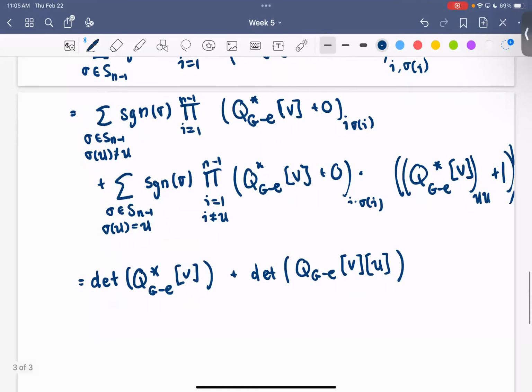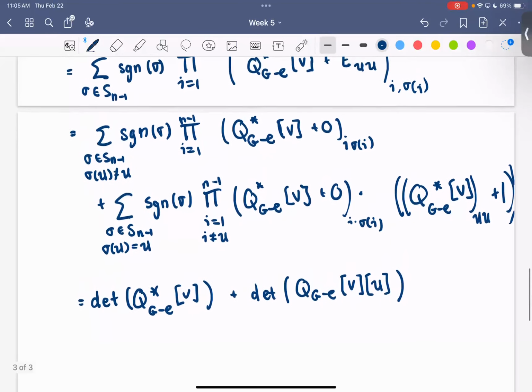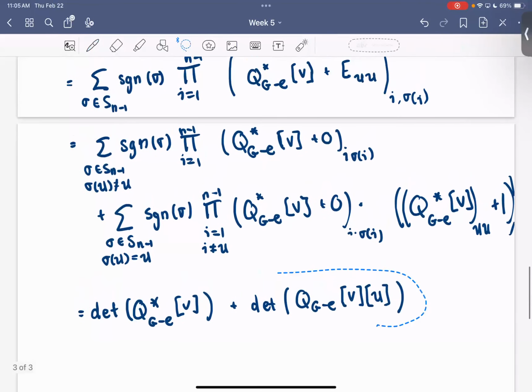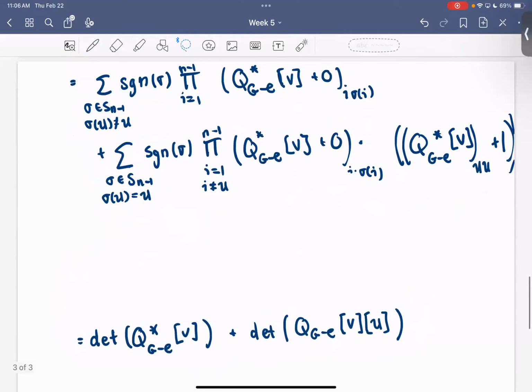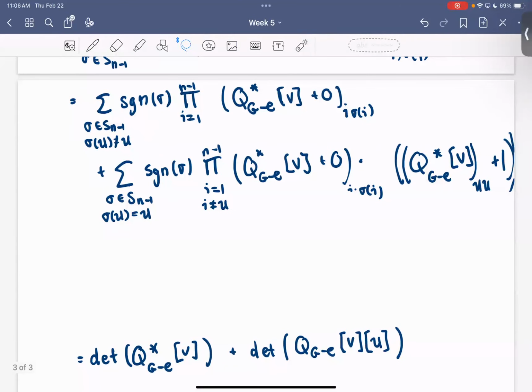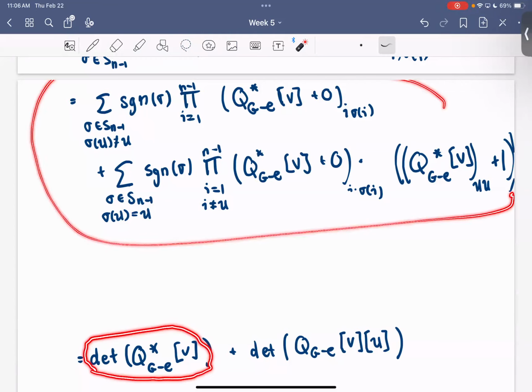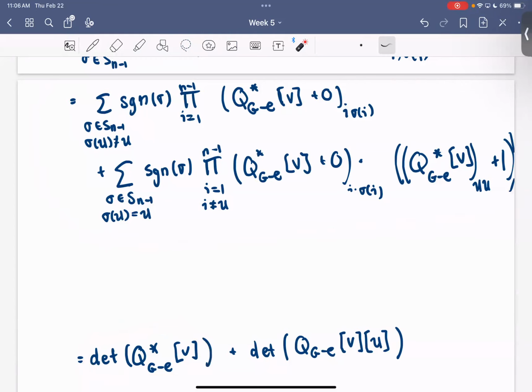Okay, so now we're going to have another step here. Do we see the determinant of Q^T G minus E in this? Do we see where that is? So almost, we're missing some of the permutations.